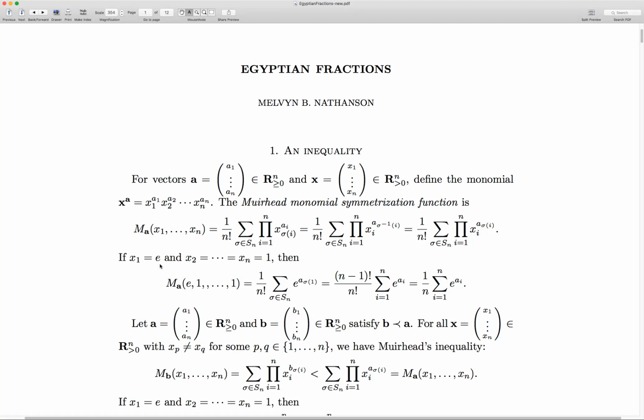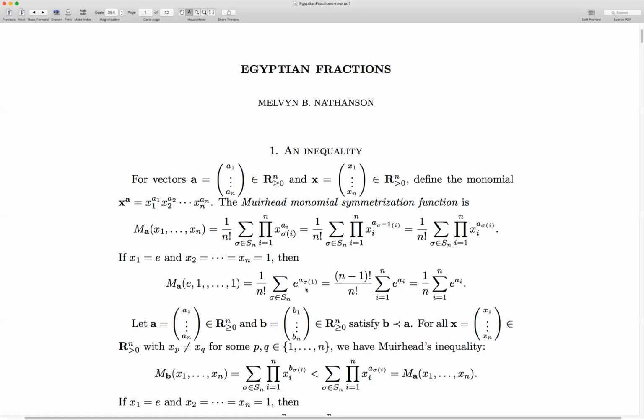Now, if you evaluate this at the following particular positive vector, let x1 be e, and all the other coordinates of x equal to 1. When you raise 1 to a power, you just get 1. So in this sum and product, this product is just x1 to the a sub sigma of 1.